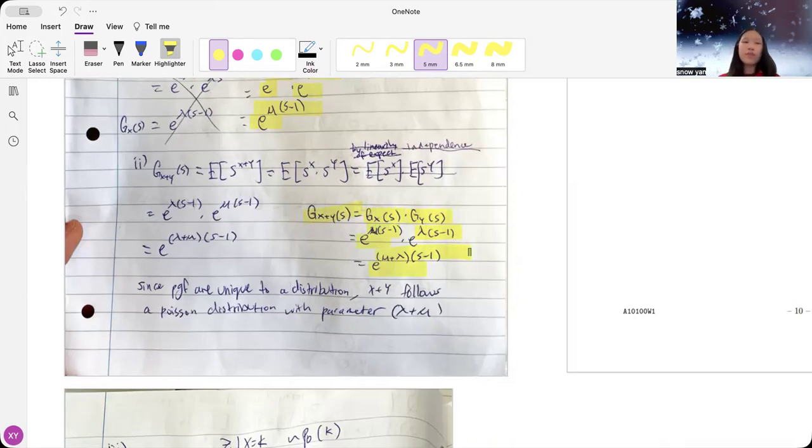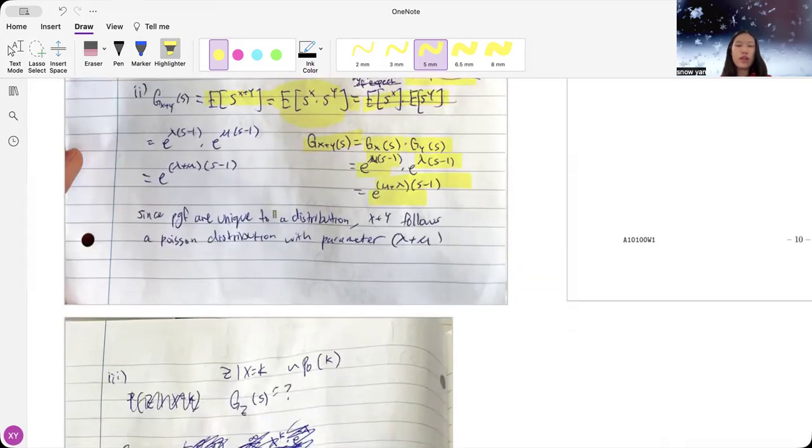For this question, I made the mistake of doing this. Up to this point, I cannot just factor this by linearity of expectation. This actually requires independence, and I didn't state that fact, so I can't do that.